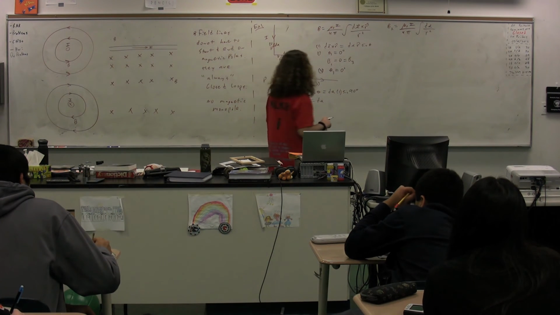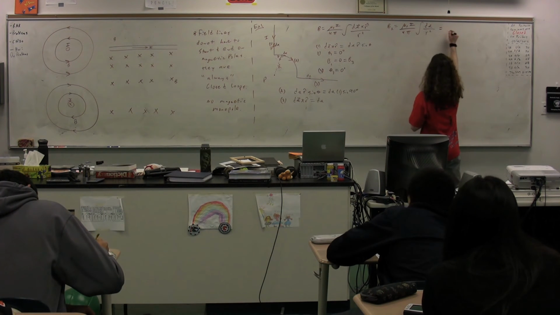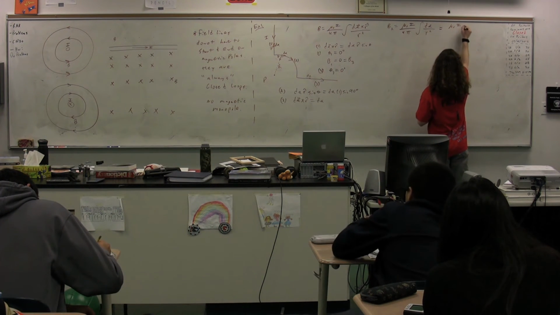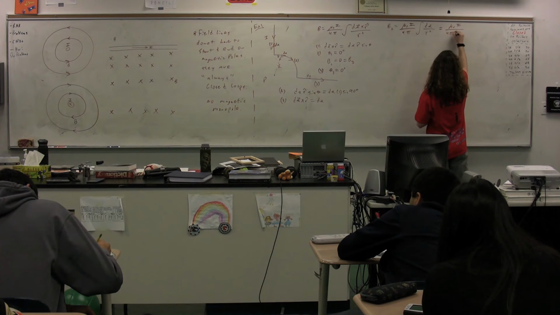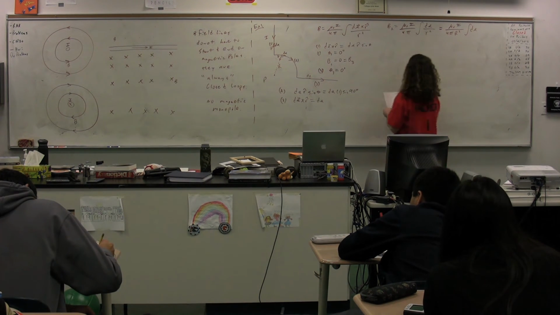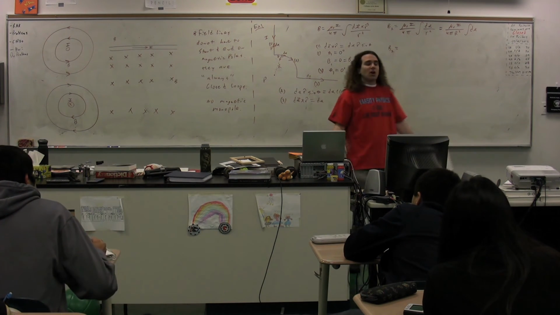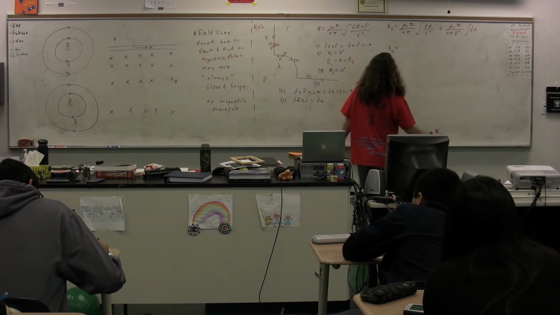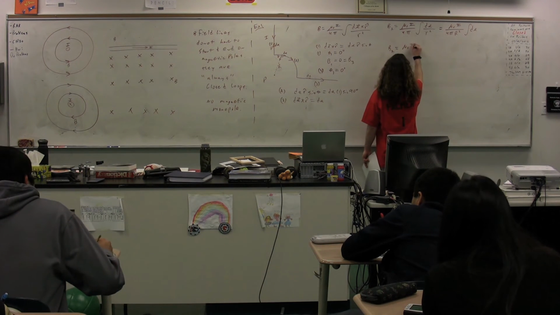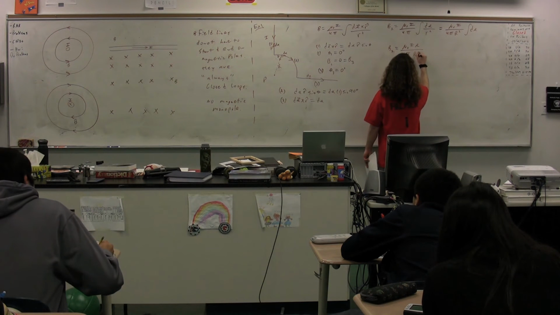Because it's a constant. Notice for this circle, r doesn't change, and I'm going to change it to big R. So mu naught times I divided by 4 pi times big R squared times the integral of ds. Well, that is just going to be the arc length. The integral of ds is just the arc length of this, so I'm just going to replace that with s for now. Mu naught I times s divided by 4 pi big R squared.